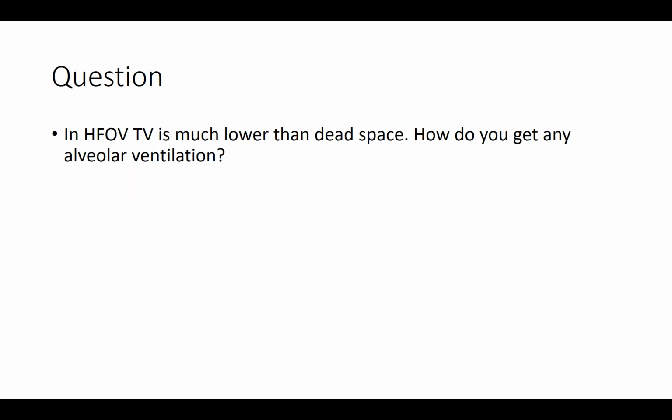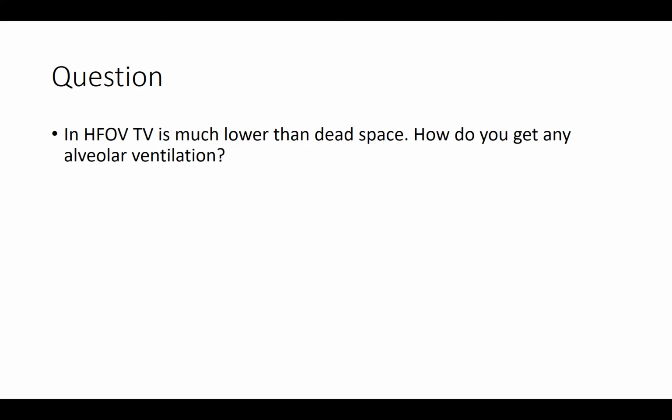We're talking about hertz. That's how it's measured. So it's several breaths per second. And it just oscillates. That's why it's called an oscillator. And you need a special ventilator to deliver it. It's not a standard ventilator. It is an oscillating ventilator.